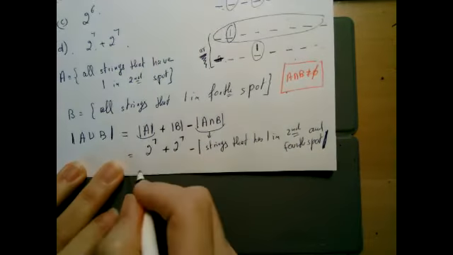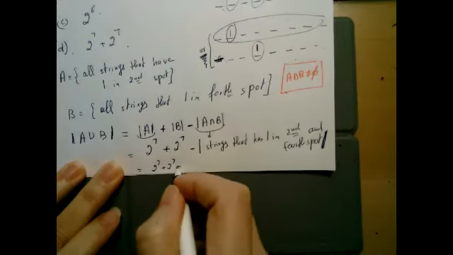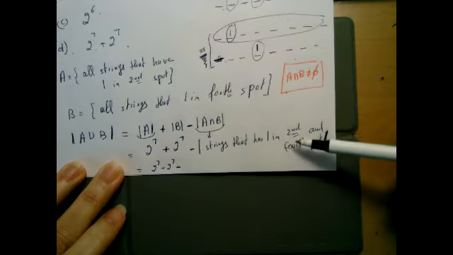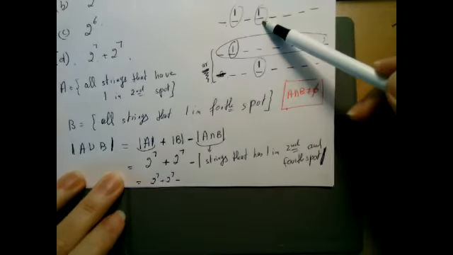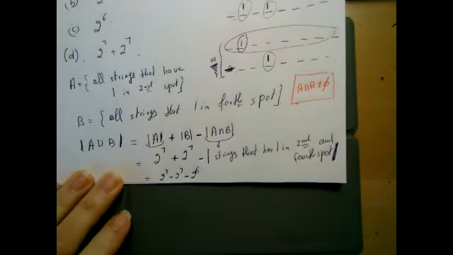Okay, so this is going to be 2 to the 7 plus 2 to the 7 minus, if they have 1 in the second and fourth spot, how many of those are there? If they have 1 here and here, it's 2 to the 6. And that should be the answer.